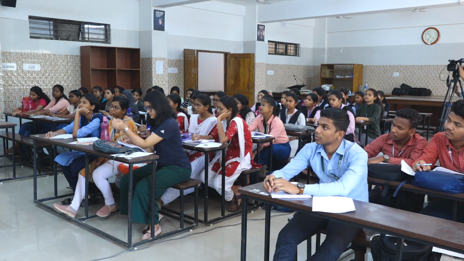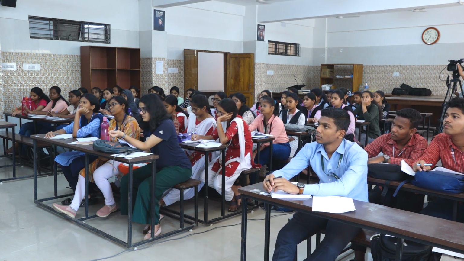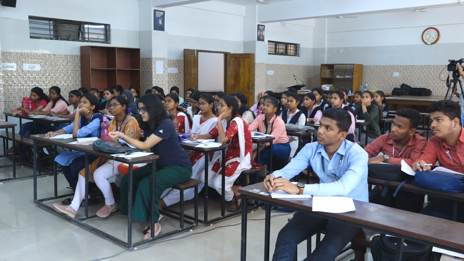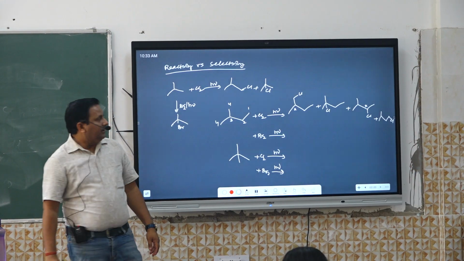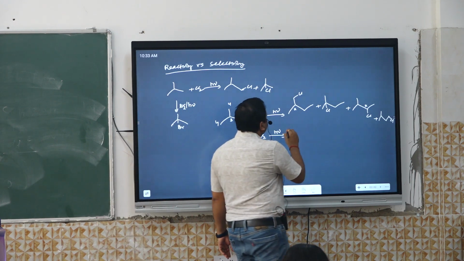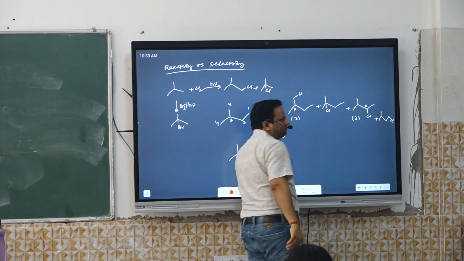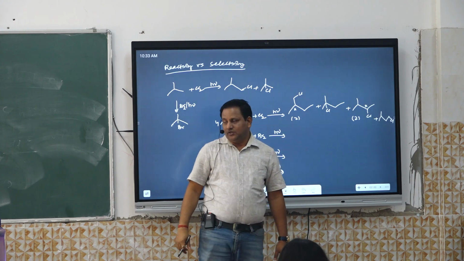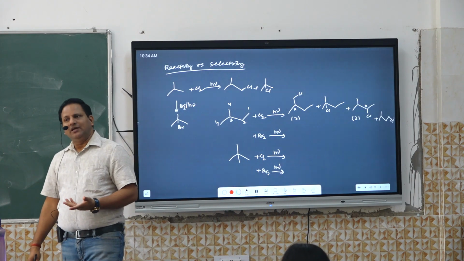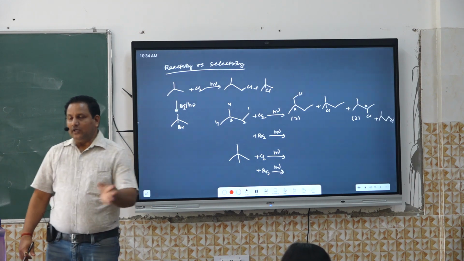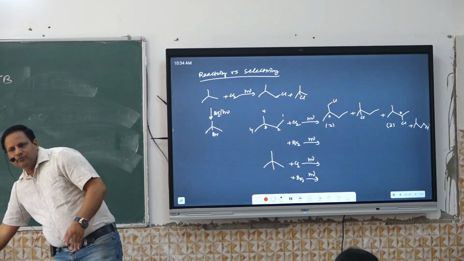If a chiral center is there, it will have 2 different compounds. One is D, another is L, meaning dextrorotatory and levorotatory. Then here, including the stereoisomers, how many products? 6 products. If stereoisomers are not mentioned, then 4 products. If the question asks for total products including the stereoisomers, then the answer will be 6.